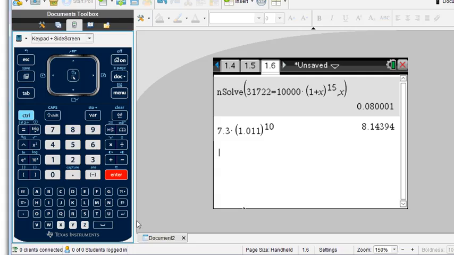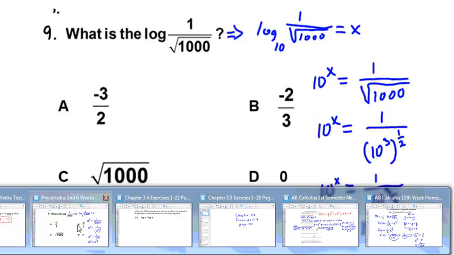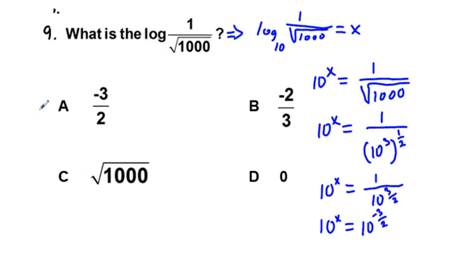For that, in our calculator, we would say control log, log base 10 of the fraction 1 over the square root of 1,000. And we get for that negative 1.5, which is negative 3 over 2. We got it already without a calculator. There it is, answer choice A.